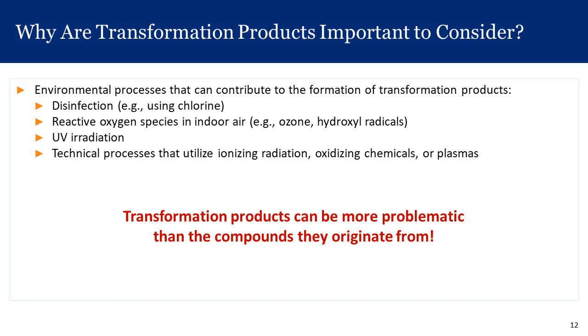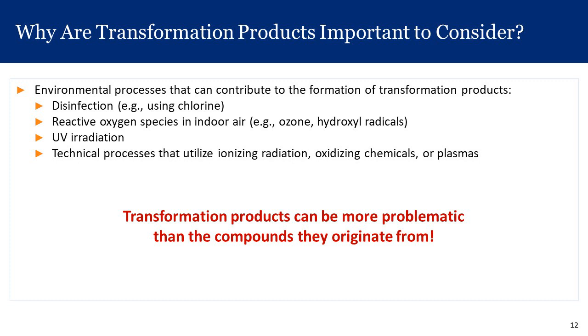So for example, when we think about disinfection strategies that are used, for example, in hospitals or in other settings where we use chlorine, which is basically bleach. Or if we are in indoor environments, we are typically also exposed to reactive oxygen species, ozone and hydroxyl radicals, which can react with different contaminants and form these transformation products.